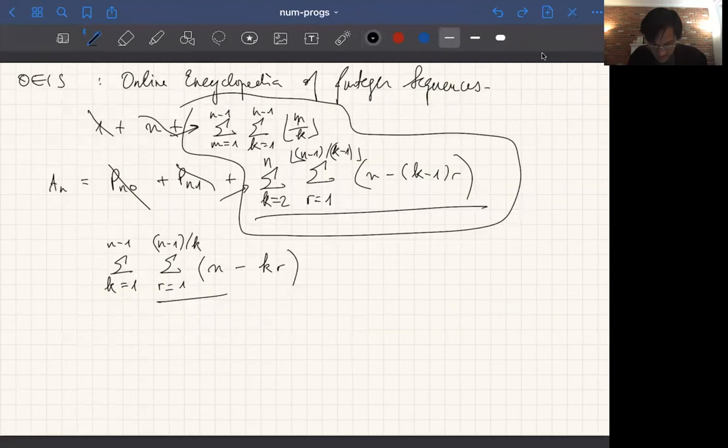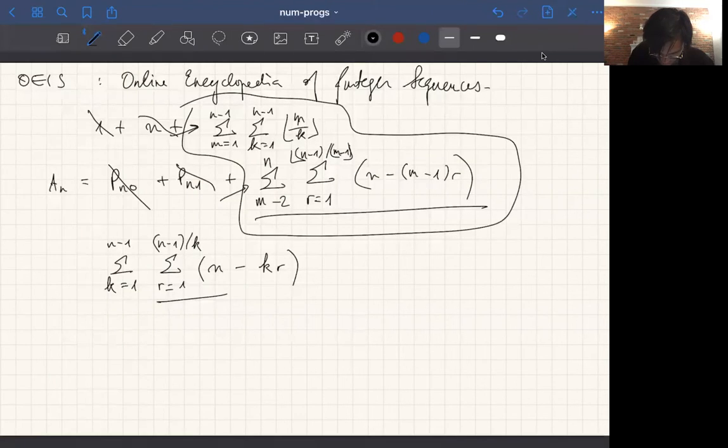So when n equals 8 and k equals 3, oops, there's some notational problems here, because the k in the top is not the same as the k in the bottom. Okay, let's fix that. I'll change all this to m. M minus 1. This is an m.